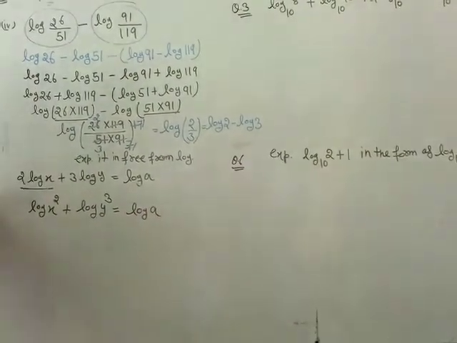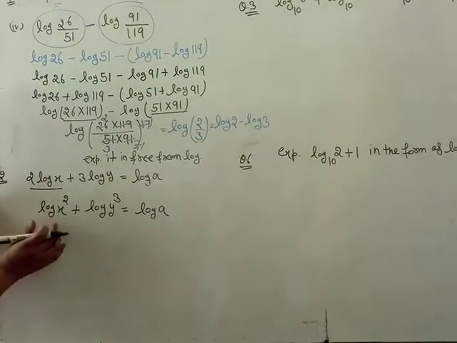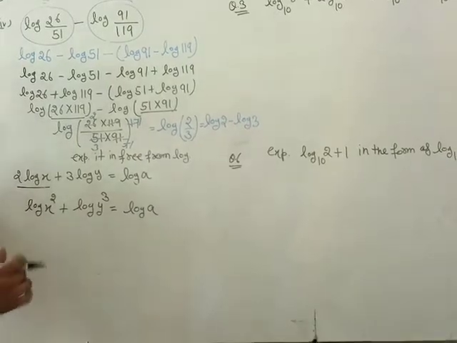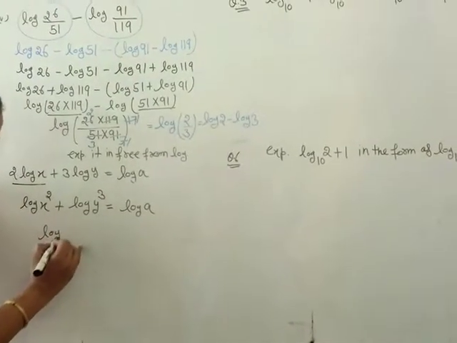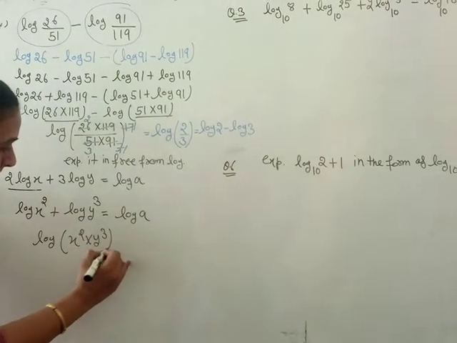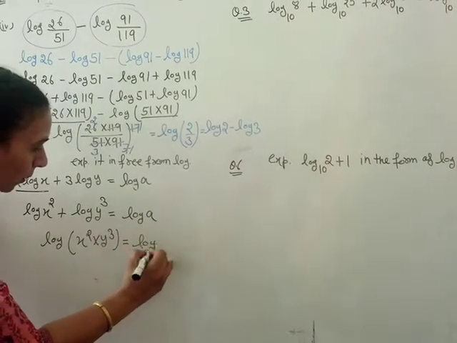Next, log m plus log n, according to the product law, gives log of x square multiplied by y cube equals log of a.